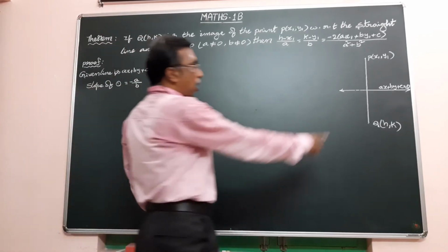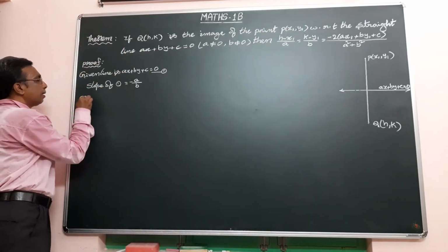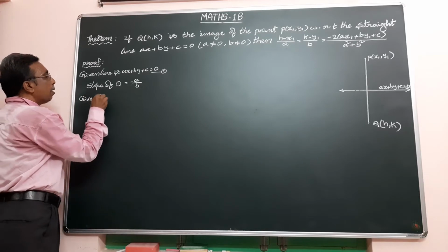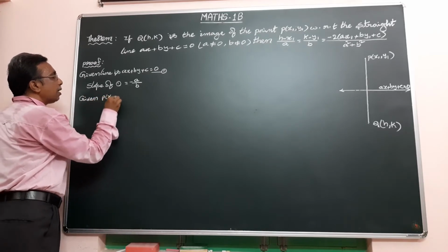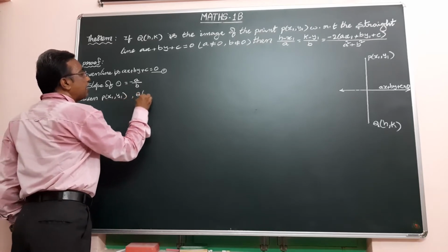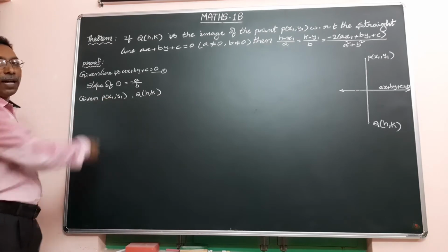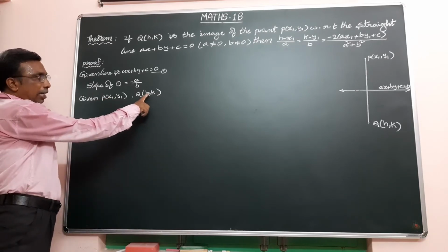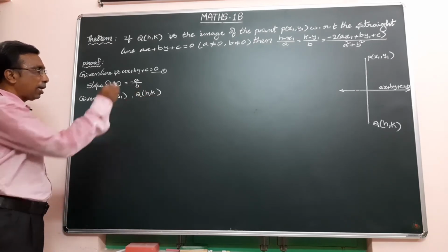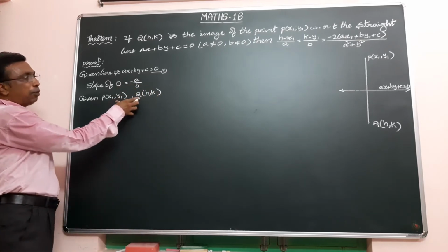Next, given points P of x1 y1, comma Q of h comma k. This is x1 y1. This point is h comma k. Now we consider this point as x2 y2. Find out the slope of these two.